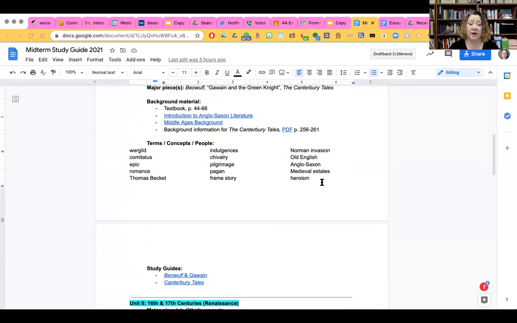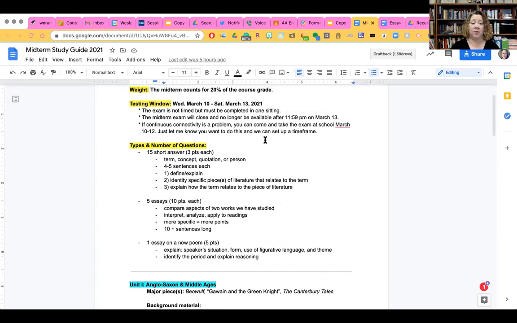But if you look at it and you go, I don't remember who Thomas Becket is, you better look it up before the test because you might end up getting that one. And what I mean by that is you're going to get 15 short answers, but there's like 100 in the database, and it's just going to plop out a random 15 to you. I don't know which ones you're going to get. So I put all of them on here so that you could prepare.